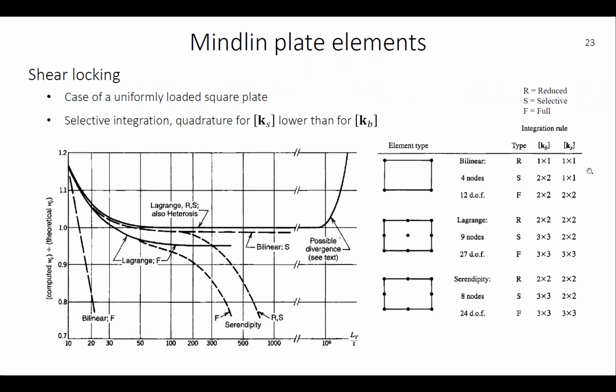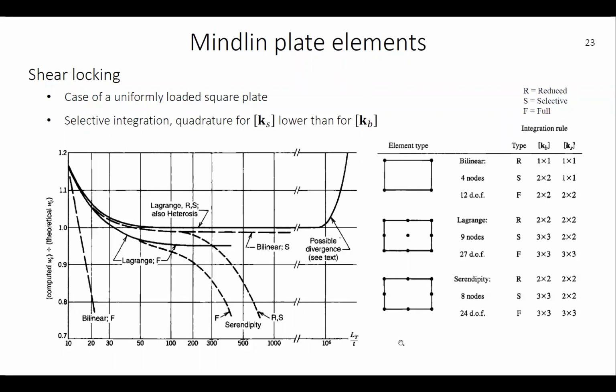But if we have a reduced integration or a selective integration, we will have an improved behavior. So if we have a 2x2 integration, still being the full integration for bending, but 1 point Gauss quadrature for the shear component, it will behave fairly well for the bilinear element.